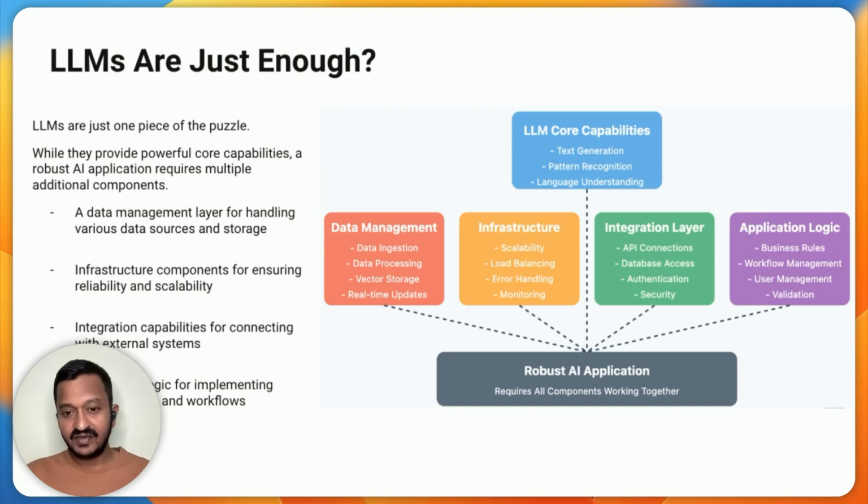Who will take care of the data management, data ingestion, data processing, vector storage, and who will take care of the infrastructure, the integration layer, and then the application logic? All these things are required to build a robust AI application. And if you say LLMs are just enough, that's not the right answer because LLMs are just one piece of this whole puzzle.